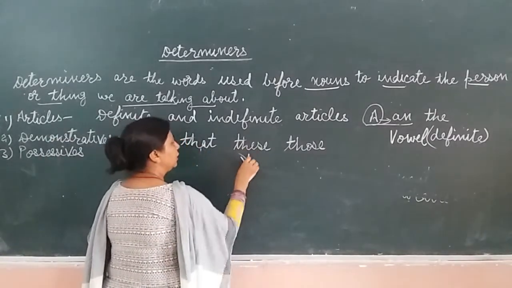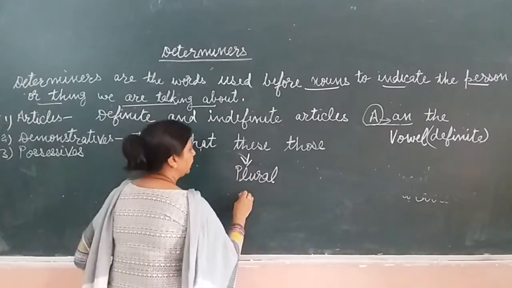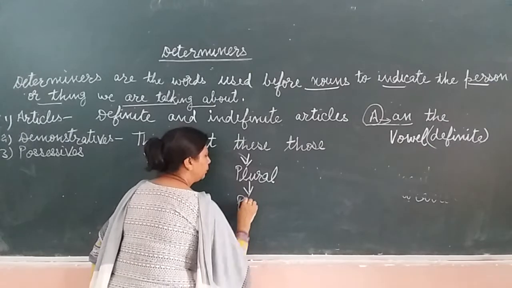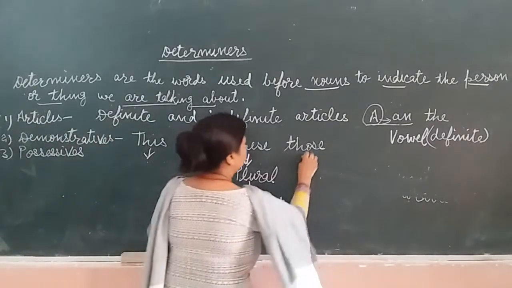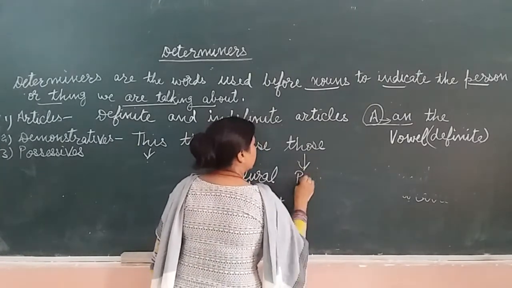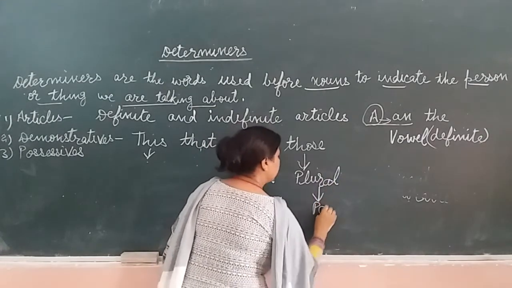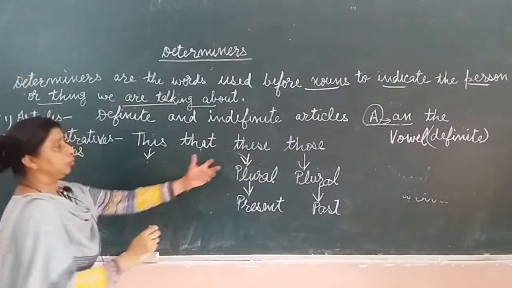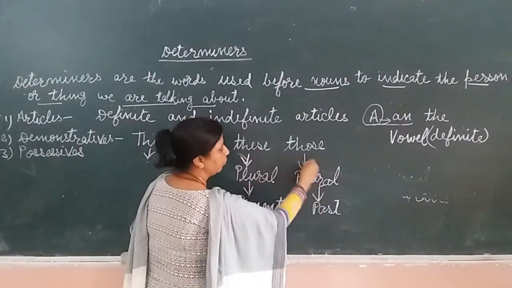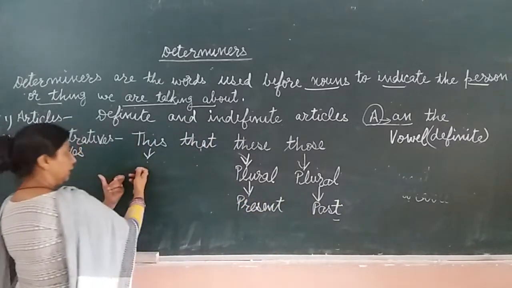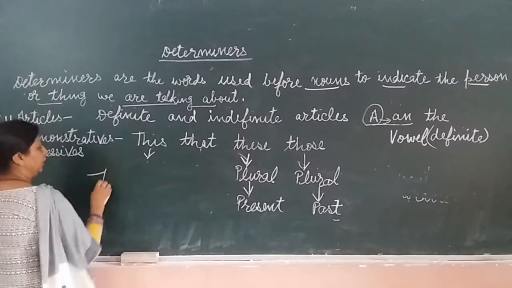Now come to these. These are plural in unit, and again it shows the present or the things that are nearer. Again, those are plural and in the past. Both show plural formation. These show our present position and those show our past position, in the same way as this and that were used.